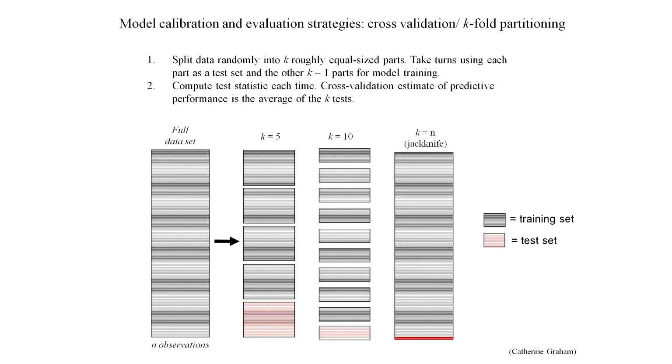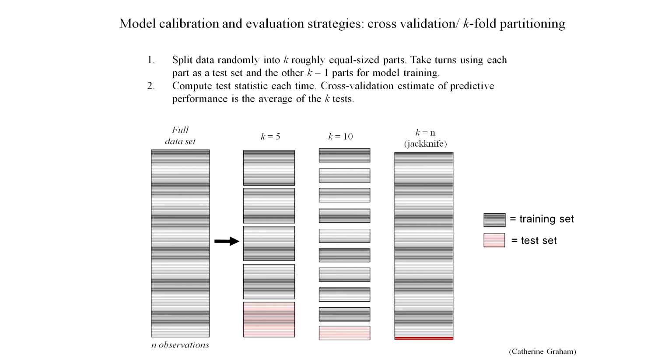One step better than that, if you like, and that's really the standard way of doing these things in the literature, is what's usually called k-fold partitioning or a cross-validation type approach. So in this one, again, this is our full data set, might be say n observations.